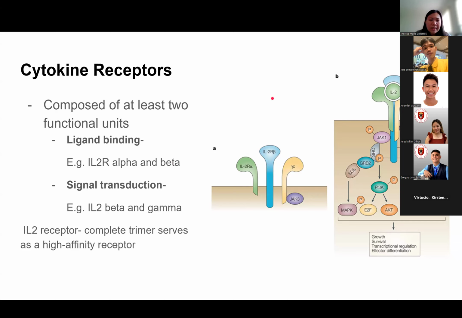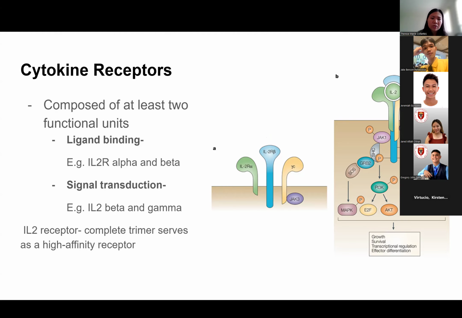Okay, so the cytokine receptors can be divided into at least two functional units. These are the ligand binding unit and the signal transduction unit. What we're looking at here on the right side, letter A, is an example of a cytokine receptor, in particular the IL-2 receptor.